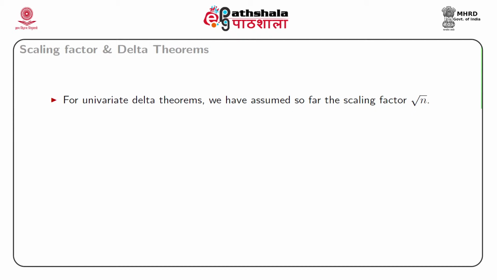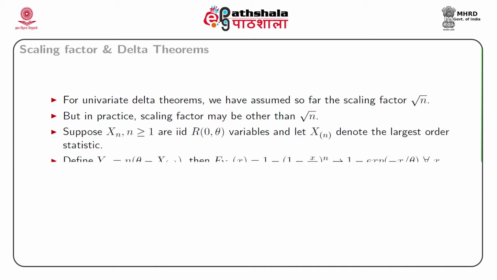The best way is to give some examples. Suppose xn are IID rectangular 0 to theta variables, and let x ordered n denote the largest order statistic. Define yn as n times theta minus x ordered n. Then the distribution function of yn is 1 minus x divided by n theta whole to the power n, which is an ordinary sequence, and it converges to 1 minus e to the power minus x by theta for all x as n tends to infinity.